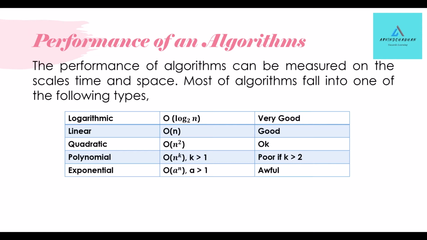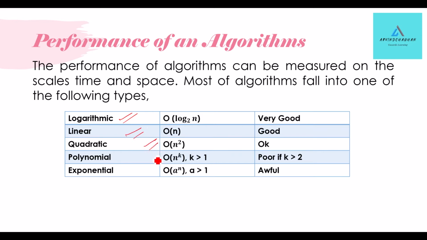Performance of an algorithm can be measured on the scale of time and space. So for a particular algorithm, if you are talking about performance, you have to calculate the time complexity and the space complexity of that algorithm. Most algorithms fall into one of the following types of complexity. First is logarithmic, that is log n. If an algorithm is logarithmic, that is very good. Second is linear, order of n.